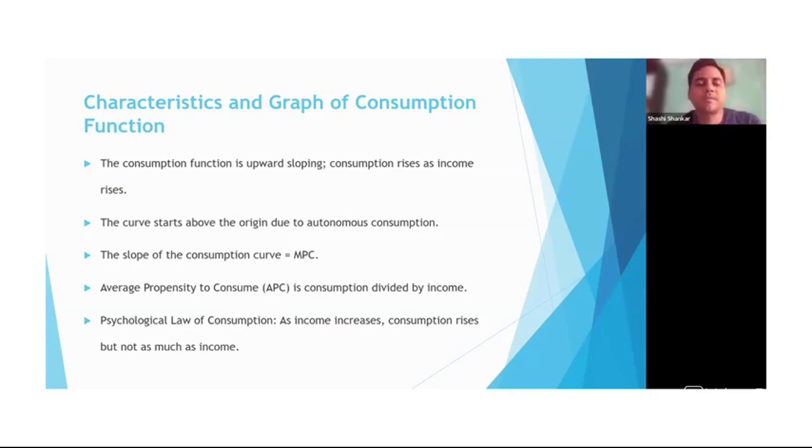Average propensity to consume, APC, is consumption divided by income, right? Here the key point is that the slope of the consumption curve is equal to the marginal propensity to consume, MPC, and the average propensity to consume is consumption divided by income. The psychological law of consumption states that as income increases, consumption rises, but not as much as income.